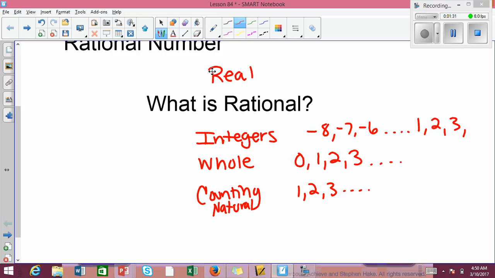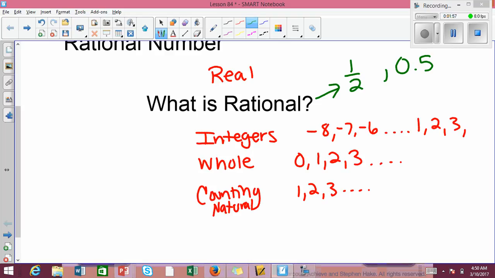So here they're talking about just rational numbers. So what is rational if those are your integers, your whole numbers, your counting numbers? What else does it include? Well, the main part of rational numbers that are different from integers, whole numbers, and counting numbers are your fractions or your decimal form of your rational numbers.